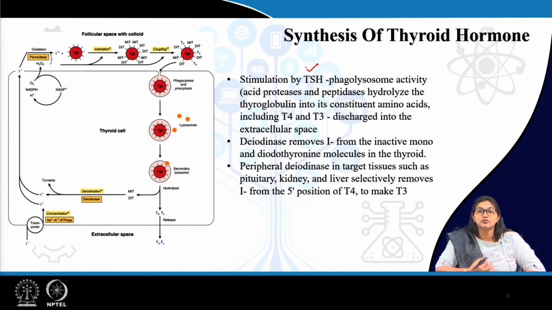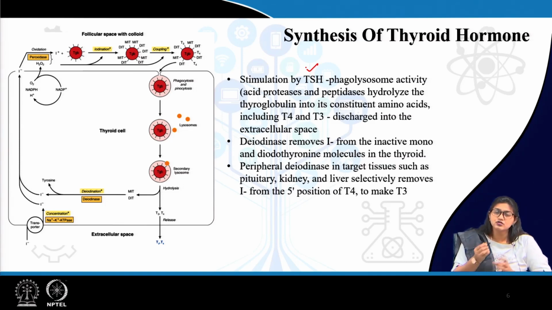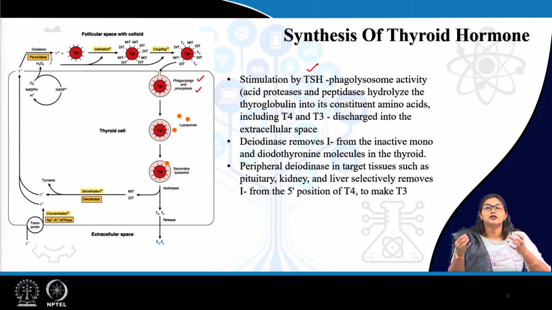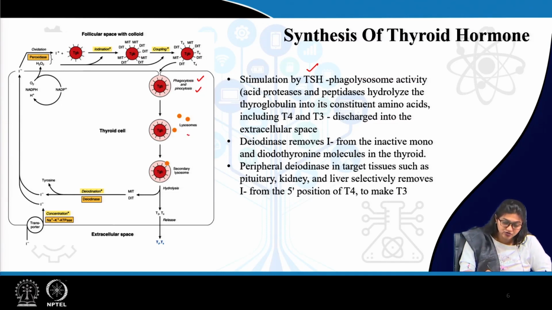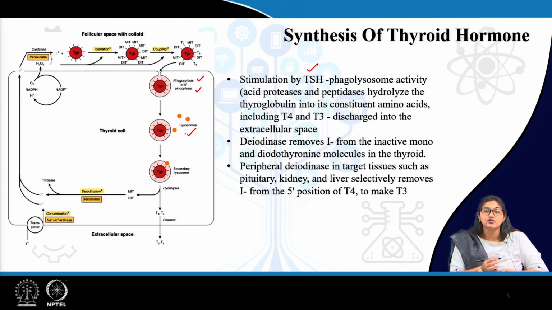Now, when there is stimulation, there is proteolytic activity which is induced by lysosome. So, you can see the thyroglobulins in colloids are basically taken up by phagocytosis and pinocytosis, forming endosome. Those endosomes are fused with the lysosomes, forming endolysosomes.